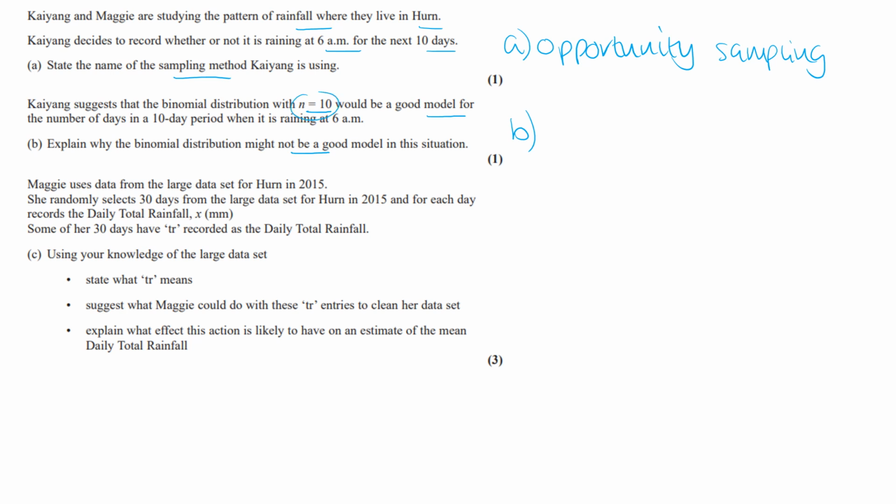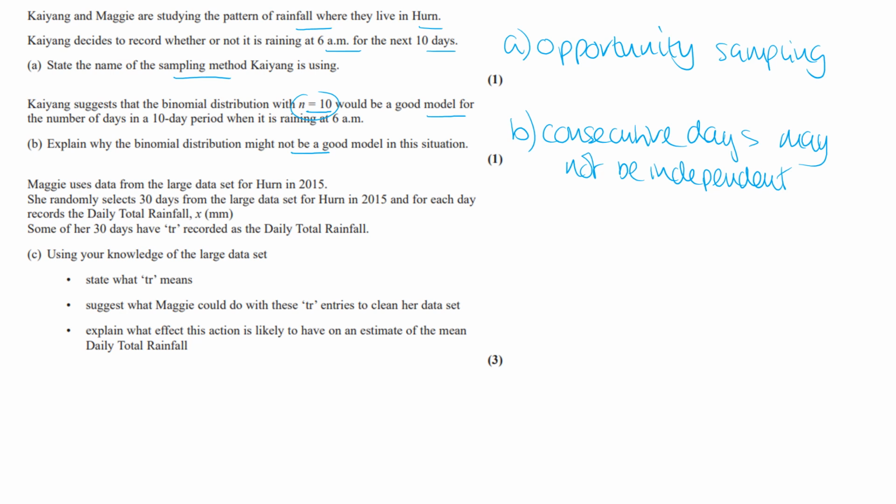But what's wrong here is that consecutive days might not be independent. So let's just write that. Consecutive days may not be independent. So the current rain on one day is going to have an effect on the rain on the next day.